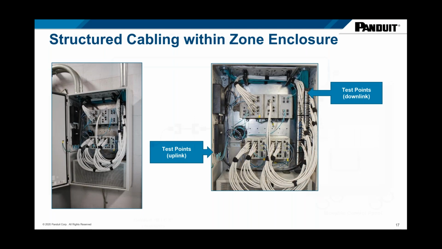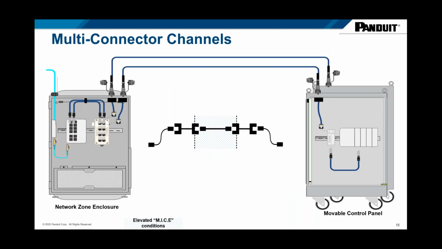So kind of my last area that I'm going to get into, I mentioned earlier 1005A and the multi-connector channels. So I wanted to give you a better feel as to where that would come up, right? What I'm showing you here is that network zone enclosure that we saw on the previous slide, and downstream from that network zone enclosure to some movable control panels where we might have an Ethernet connection.